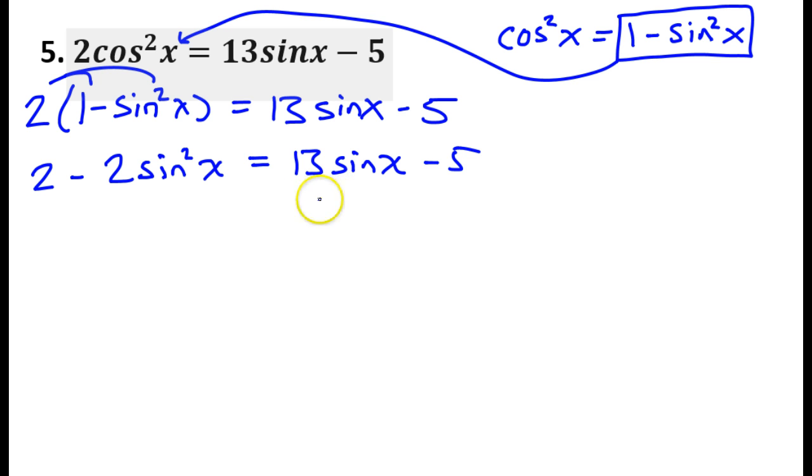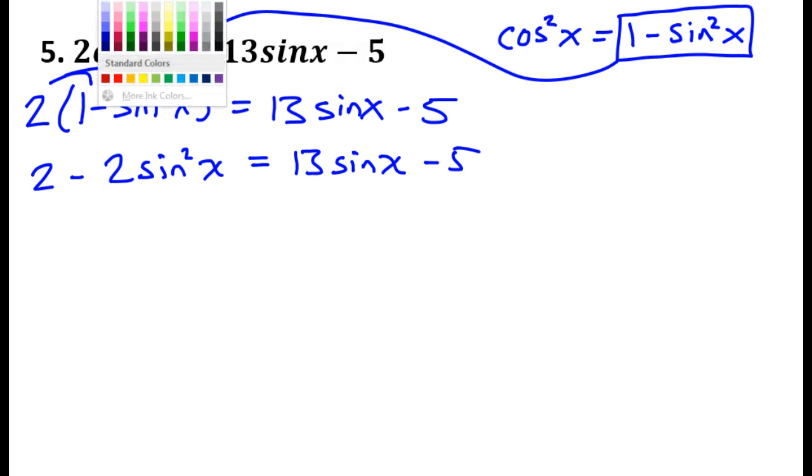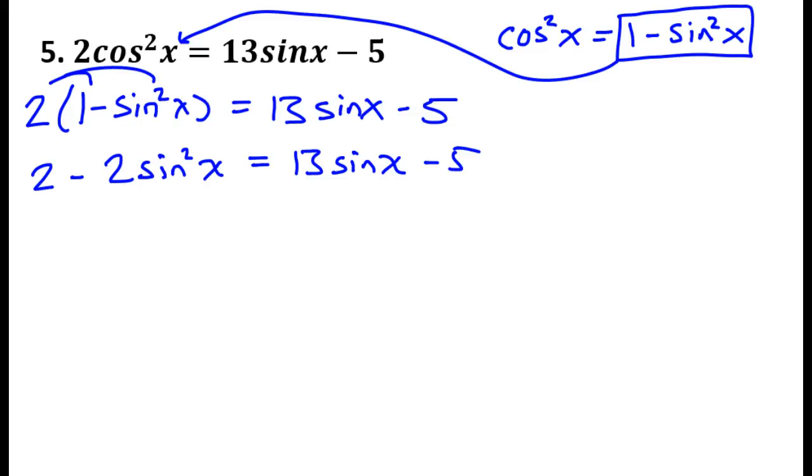I like to keep my sine squared positive if possible, so I'm going to add 2 sine squared x to both sides. That'll make it positive, and we'll have 0 on the left, which is fine.